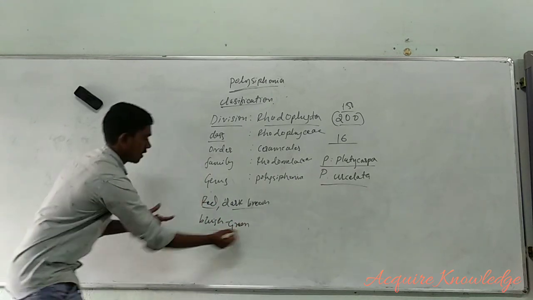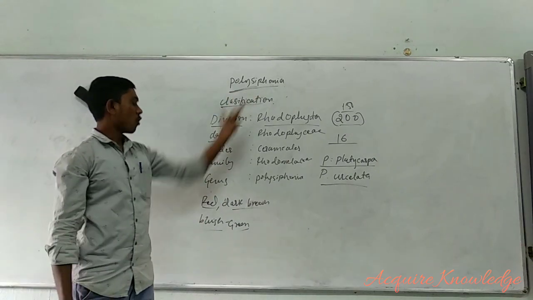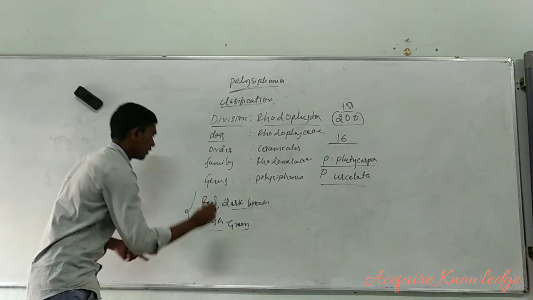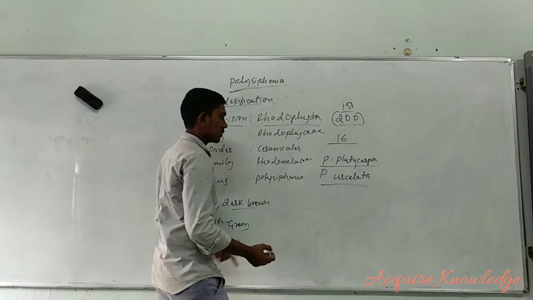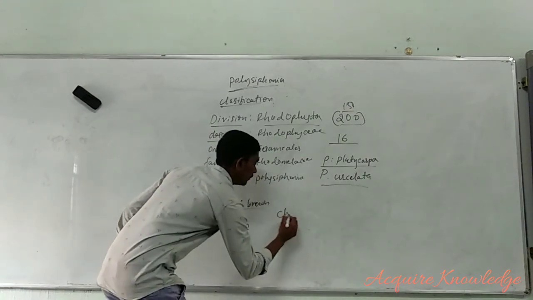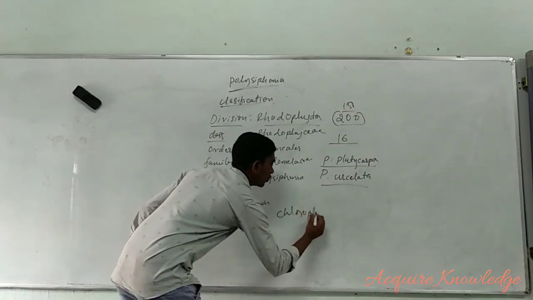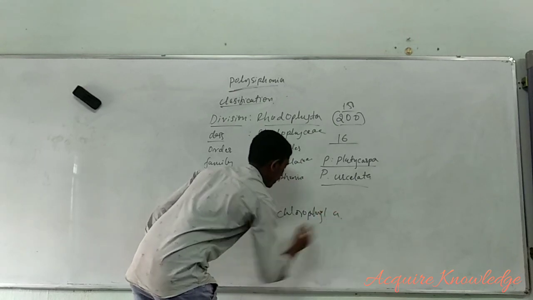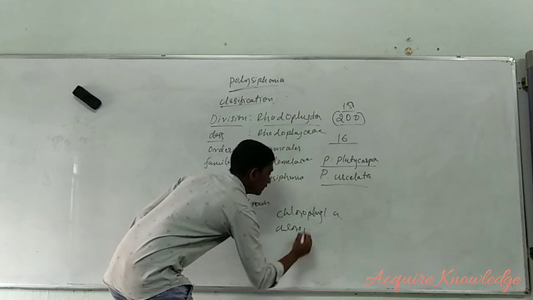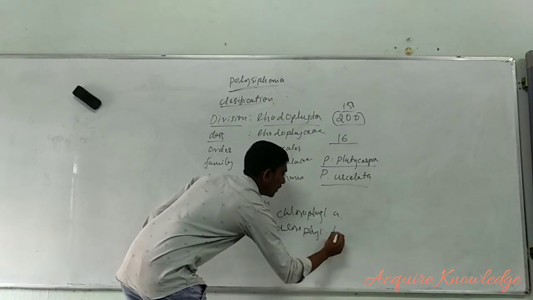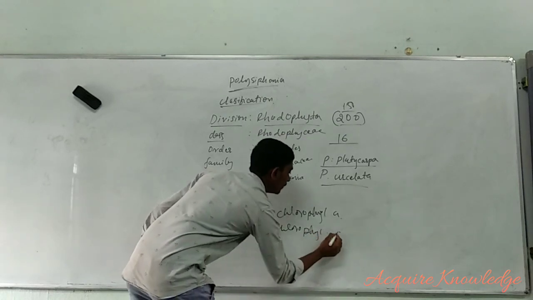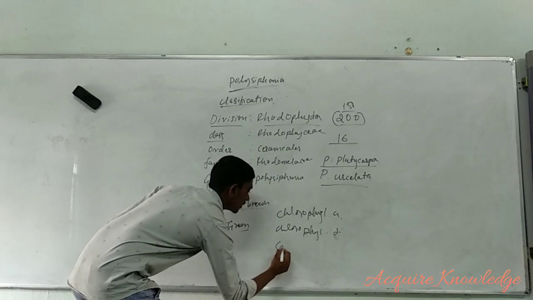These are the colors in which Polysiphonia is available. This is due to the presence of pigments: chlorophyll a and chlorophyll d, and some carotenoids.